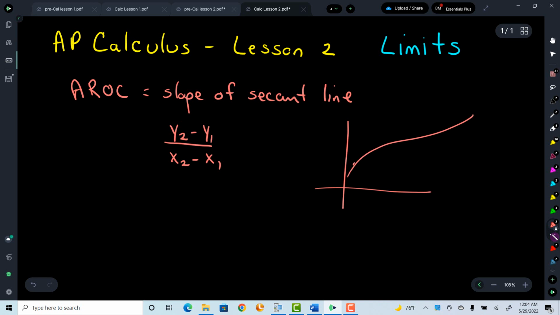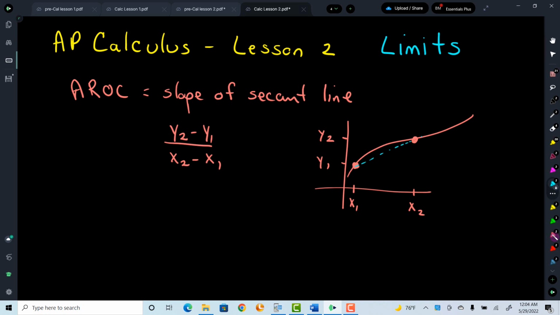So we said something like, well, if this was your first point, this being your x1, and this is your y1, and then maybe this is your second point. So this would be x2, and this is y2. Then the average rate of change can be found by looking at the distance or the slope between those 2 points.